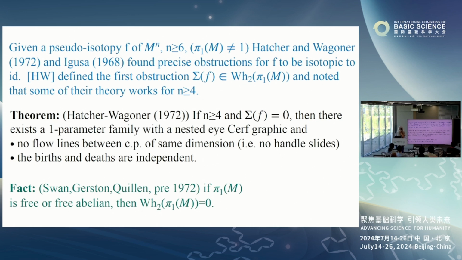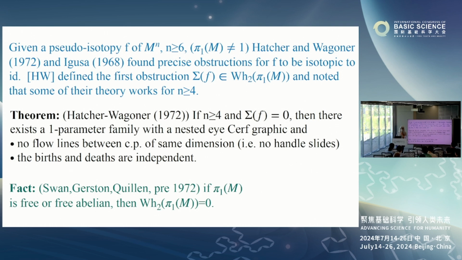In particular, they prove that if the manifold has dimension at least 4, and this first Hatcher-Wagoner obstruction is equal to 0, then there is a one-parameter family with nested Cerf graphic, which has some other nice features.